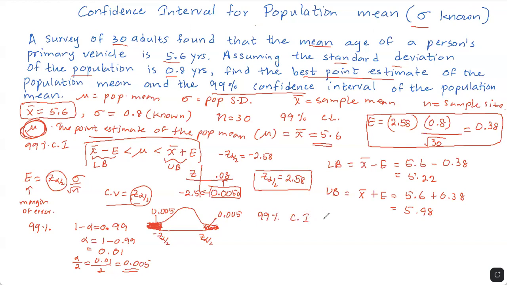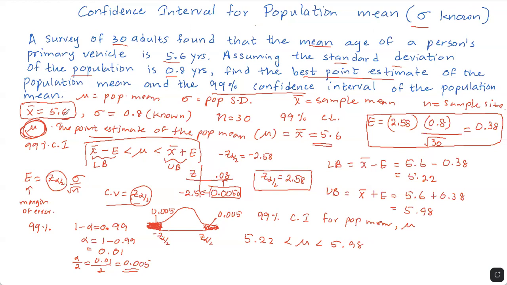So now we can write the 99% confidence interval for the population mean, which is mu: 5.22 less than mu less than 5.98. So the rounding off rule is here. You have to have the decimal places exactly as the sample mean, right?